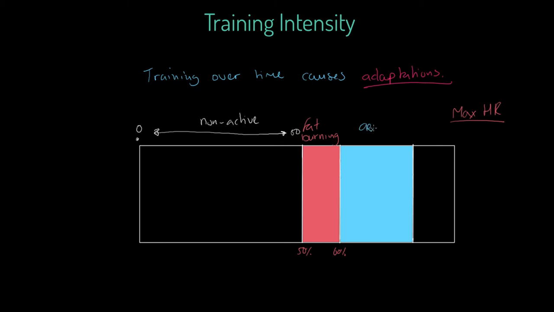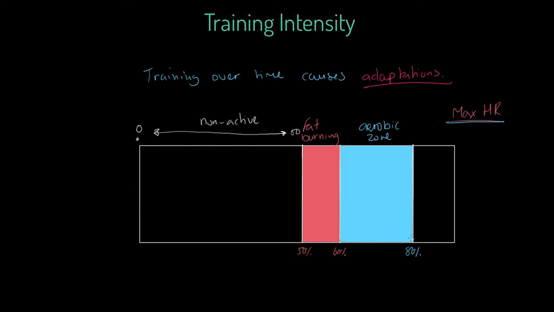So this is our aerobic zone, and to be clear, it's from 60 to 80% of maximum heart rate. I will say in other qualifications, sometimes this number gets stretched to 85%, but here we're talking about 60 to 80%.